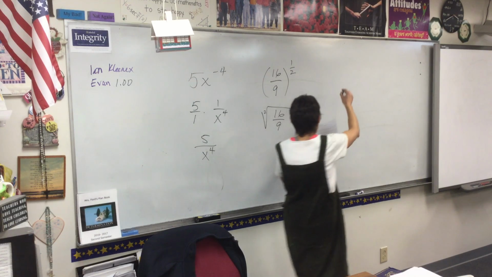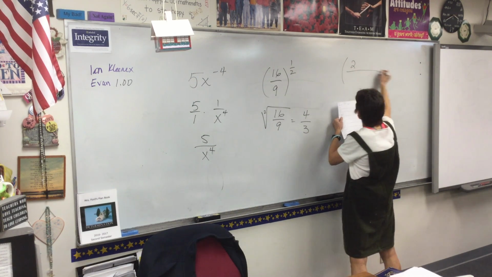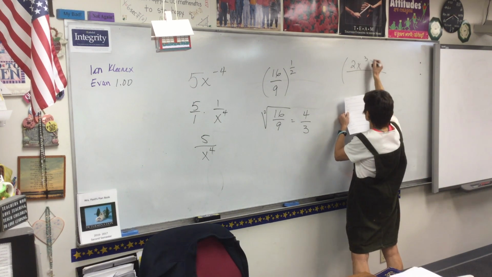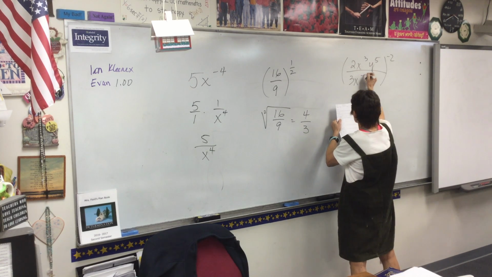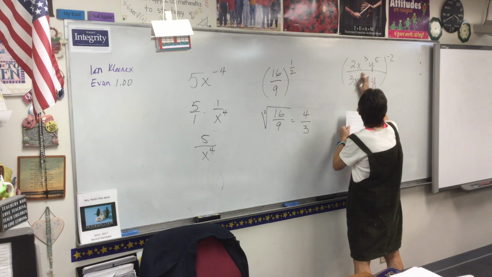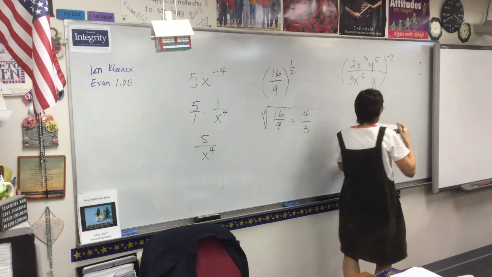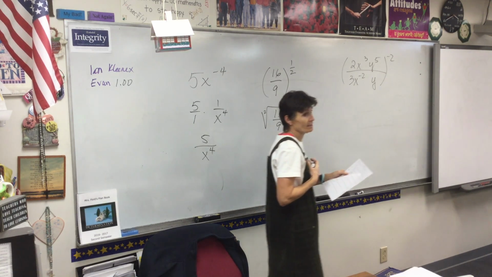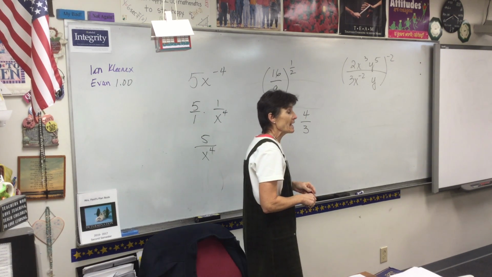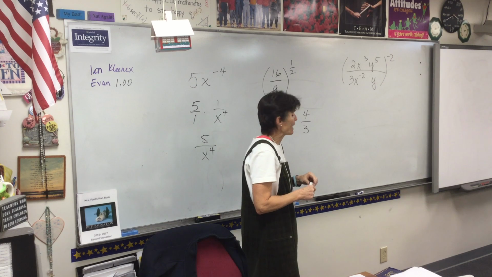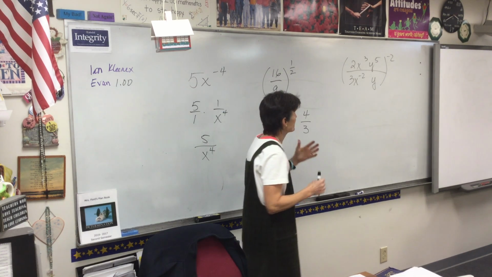All right, what about this one? This is kind of big. Would you get everything in the parentheses first, then work your way up? My personal preference is, yes, I would simplify the inside first. Can you get the right answer if you don't do that? Absolutely. So you have a choice.